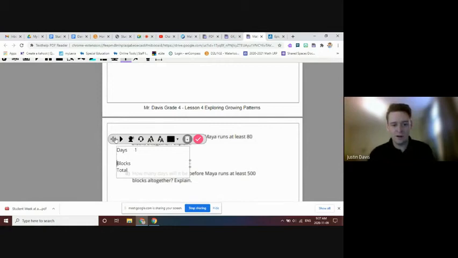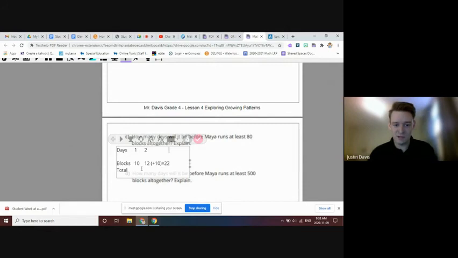Here's how it's going to look a little different. On day 1, Maya ran 10 blocks, right? On day 2, we know she ran 12 blocks. We want to add day 1's amount. So on day 2, she ran 12 blocks, but we want to add 10 blocks from day 1 to get a total. So 12 plus 10. So on day 2, she actually ran 22 blocks.